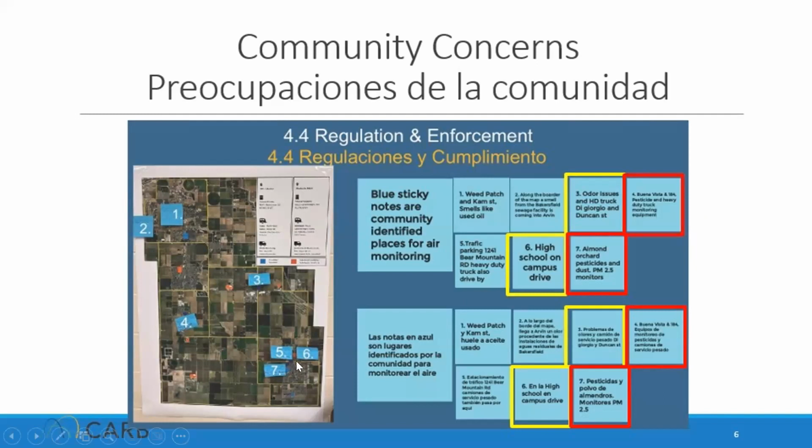Note there were concerns at numbers 4 and 7, on the west side of Arvin and the WEPAC area. There were other older issues, numbers 3 and 6. There wasn't much information provided, so I'm not sure if the concerns were for pesticides or other issues.